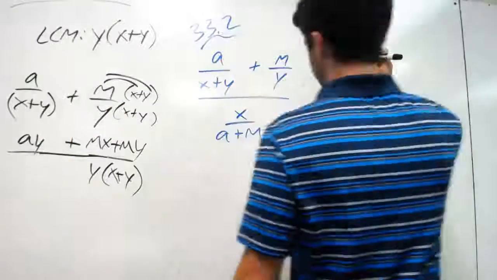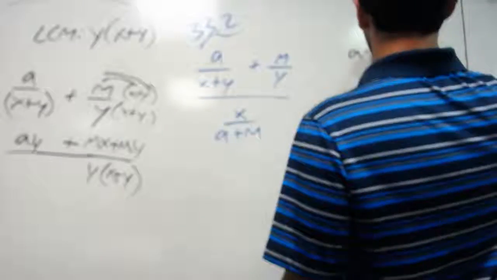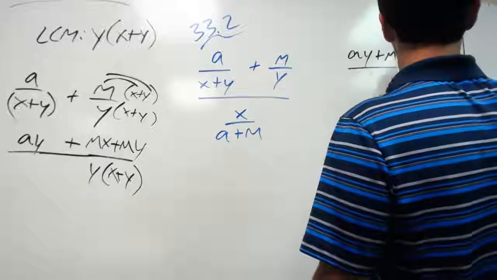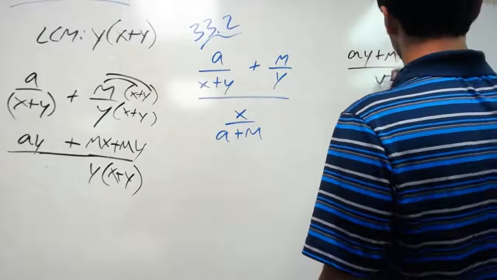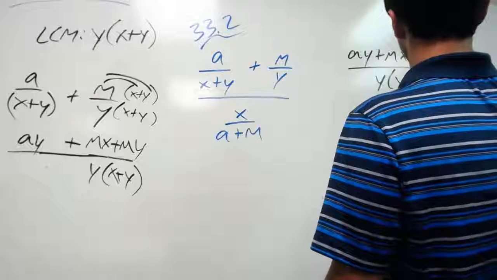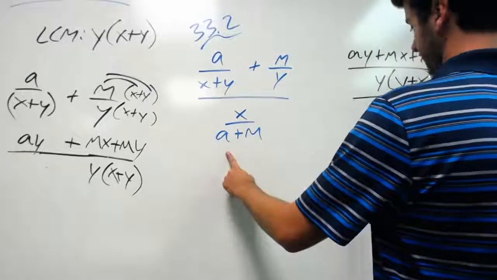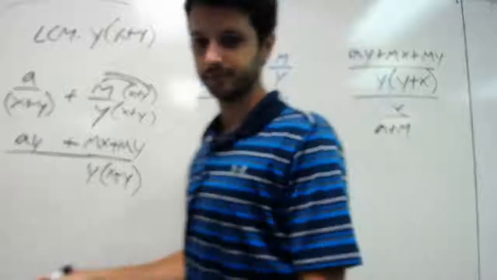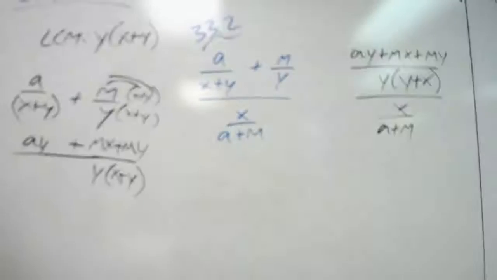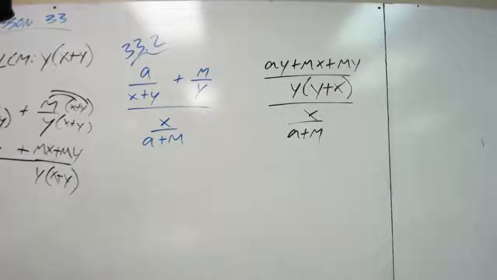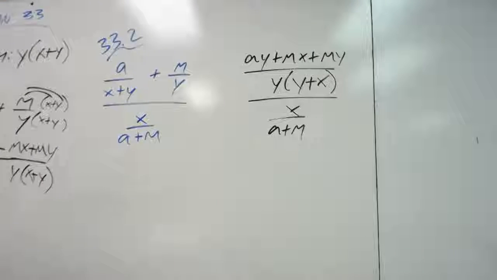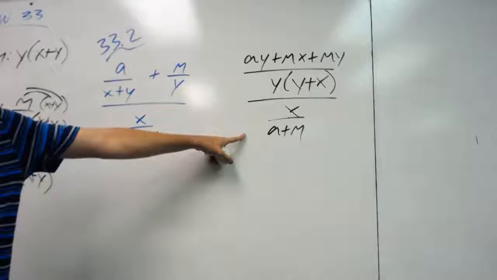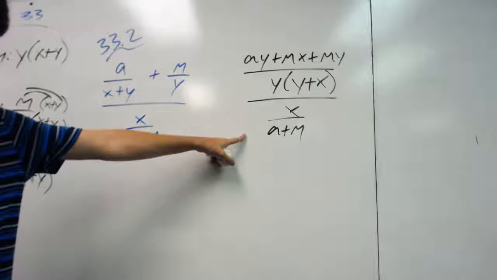I'm going to rewrite the numerator here, ay plus mx plus my, and then rewrite the denominator. Now we're at this point in the problem. What can we do to solve?